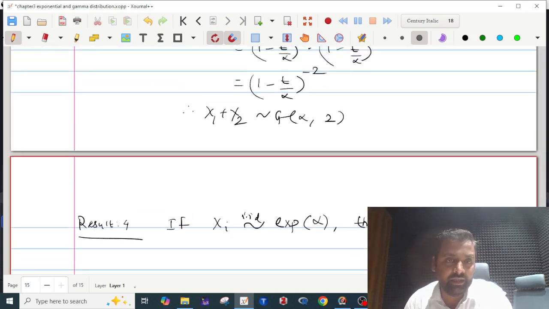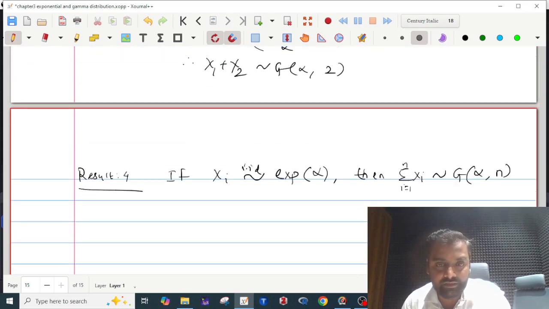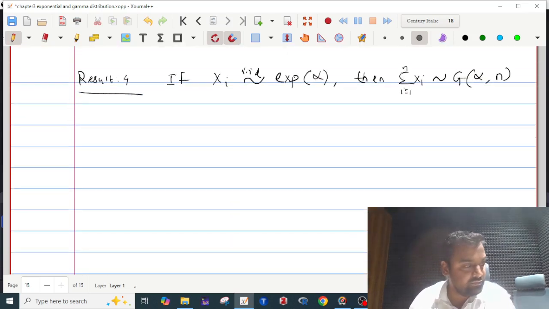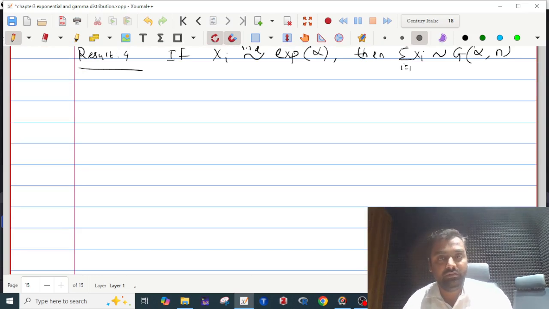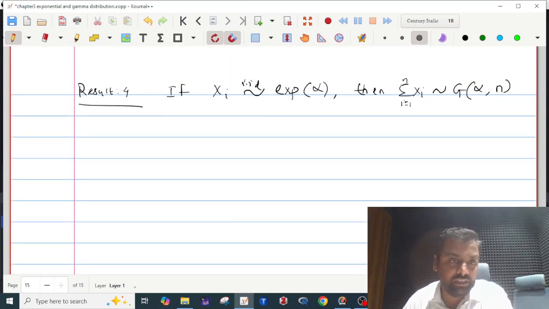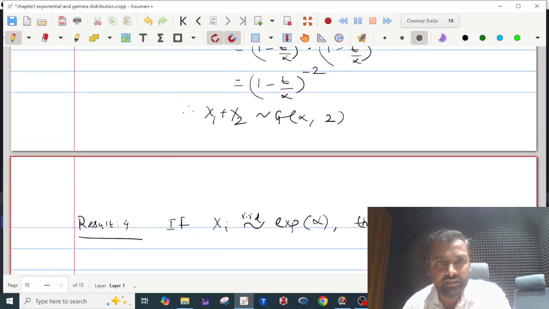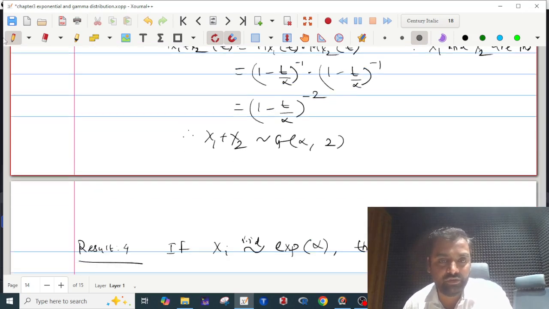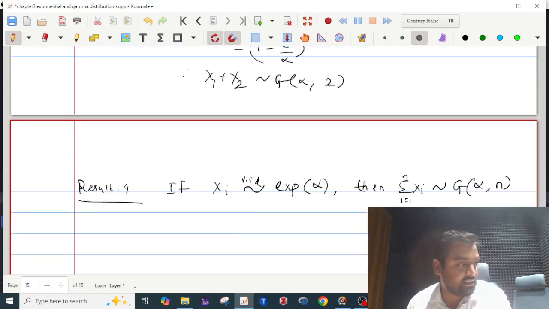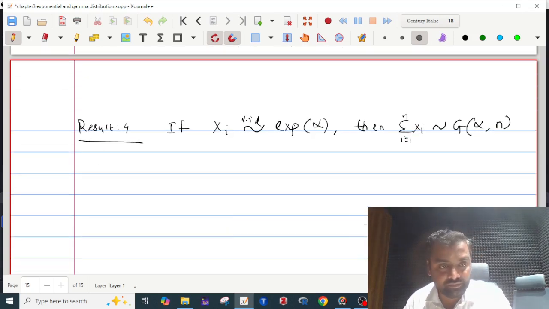The proof is very similar to the previous result. Do this proof on your own, it is very similar. Instead of x1 plus x2 you have to do this for summation xi. That's it. Now the next result.